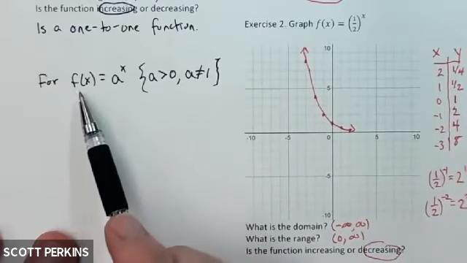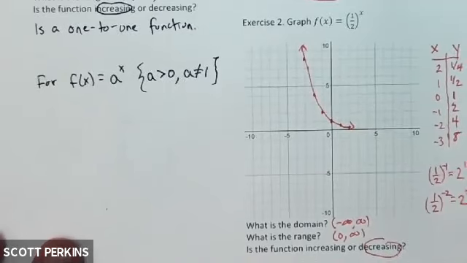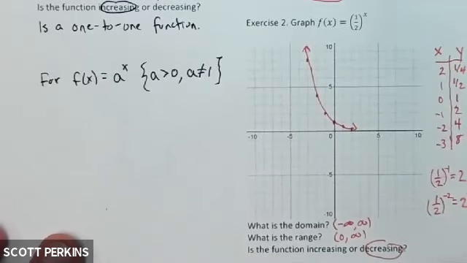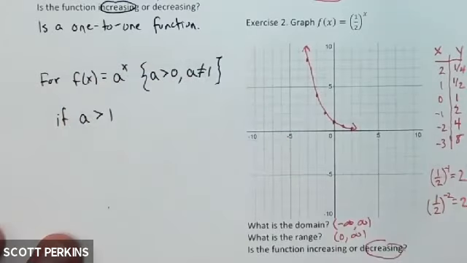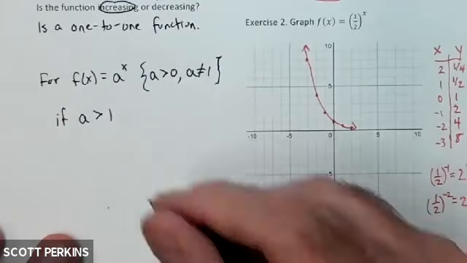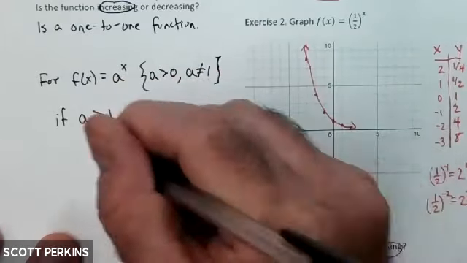So for the exponential function f of x equals a to the x, we note the following, and you just noted this in these examples. If the value of a, meaning if the value of my base is bigger than 1, then a to the x is an increasing function.